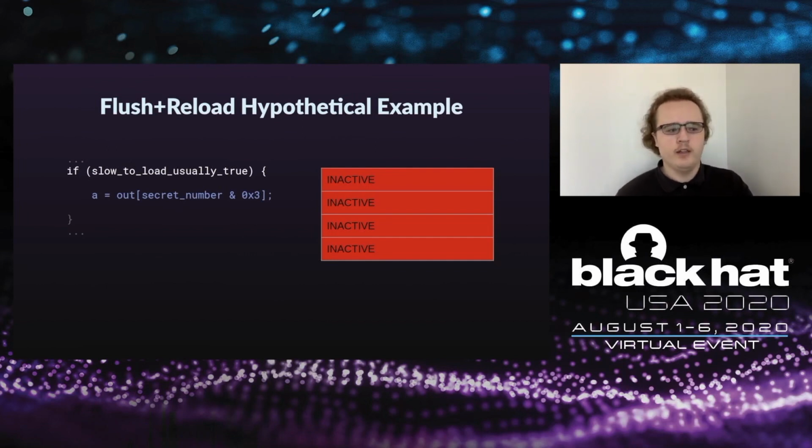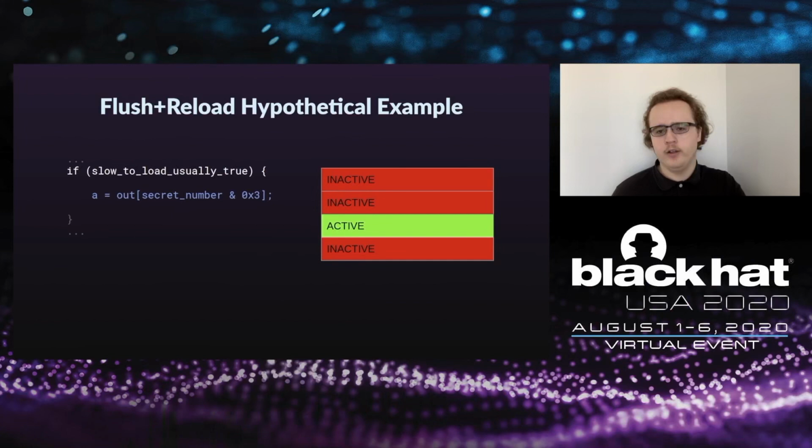So in the speculation, we now load from the secret number and load a cache line in our out array, which is our timing array, based on the secret. In this case, we're masking off the low 2 bits, and we're saying, let's load from that. So that'll make, in this case, the third cache line active.